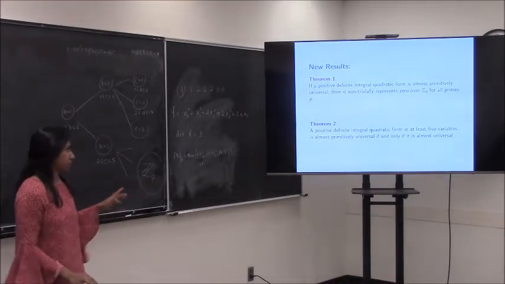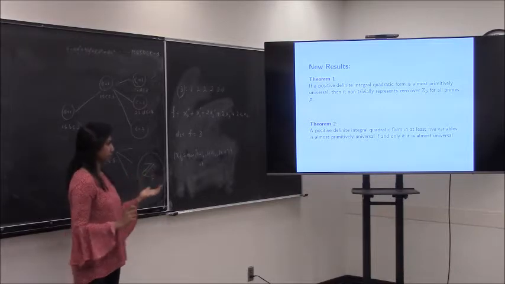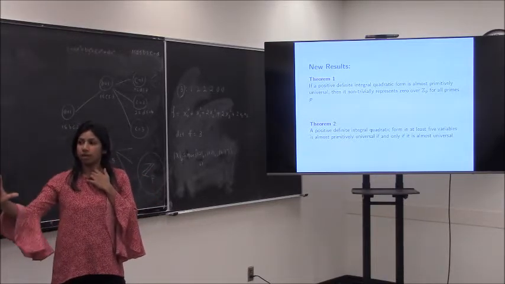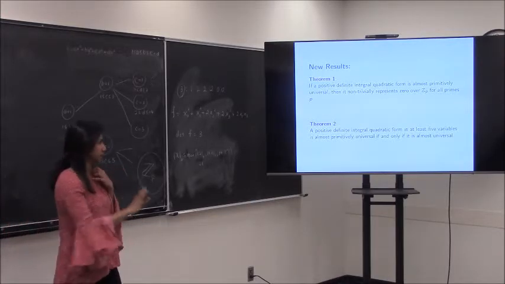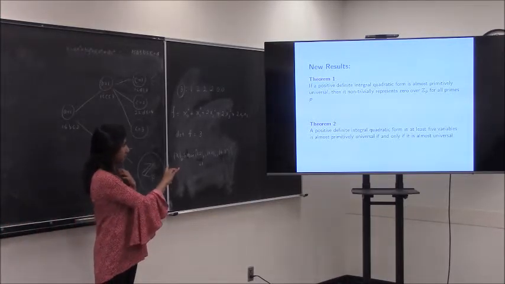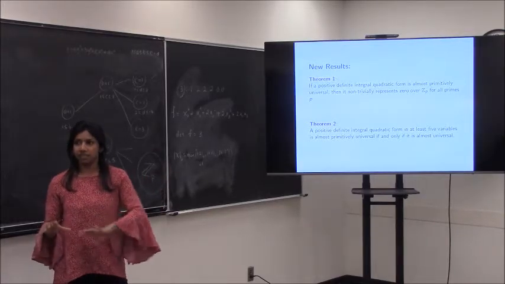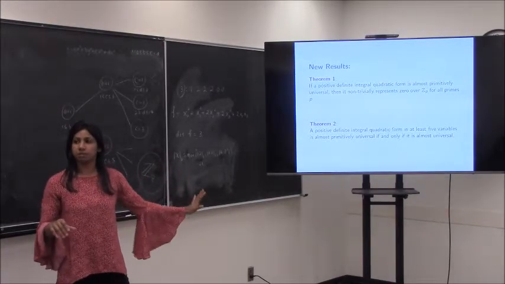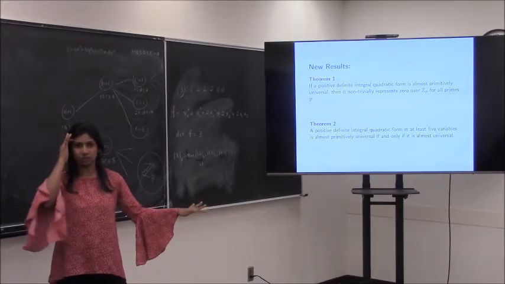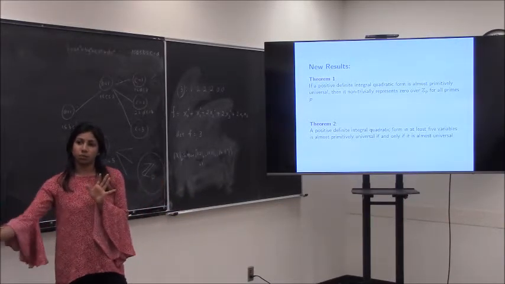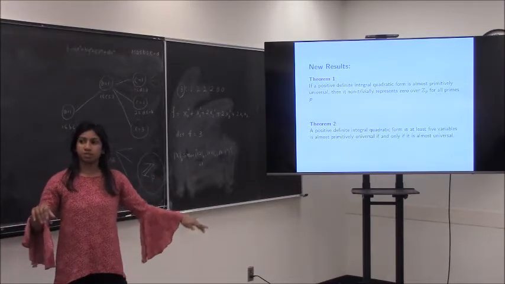I will explain why. If you have any quadratic form with more than 5 variables and it is almost universal, it is going to be almost primitively universal as well. So with more than 5 variables, there is no distinction between almost universality and almost primitive universality.